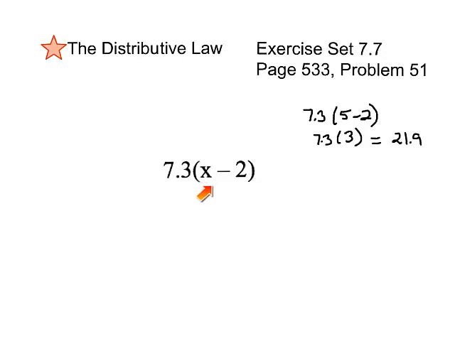We can't subtract x minus 2 because we don't know what x is. So that's where the distributive law comes in kind of handy, because it lets us simplify this expression without knowing the value of x. So we distribute, or multiply, the 7.3 that's sitting outside the bracket into the bracket.